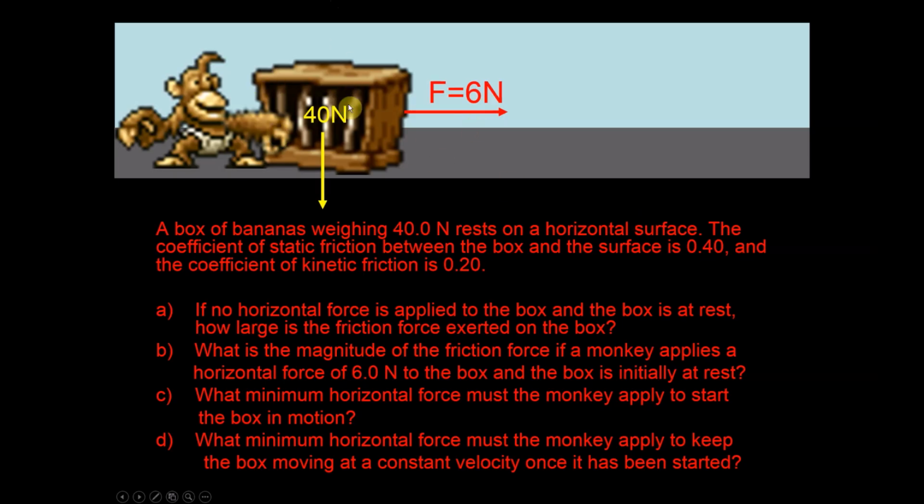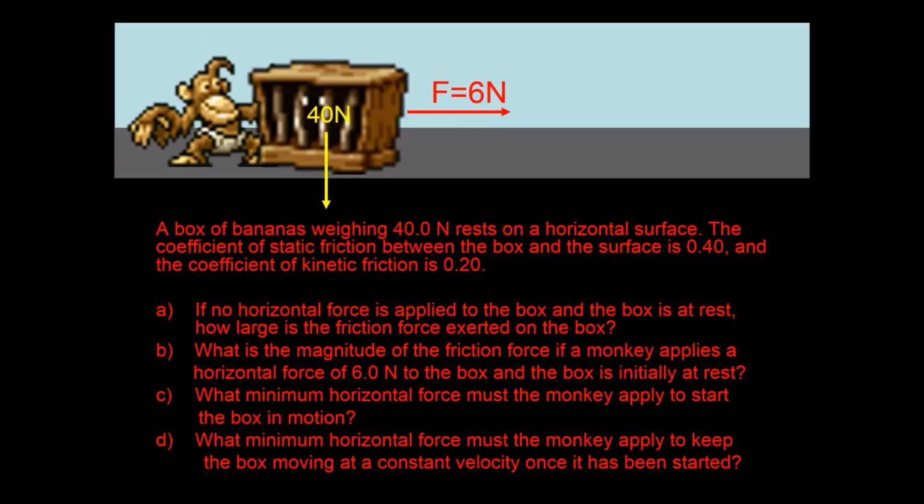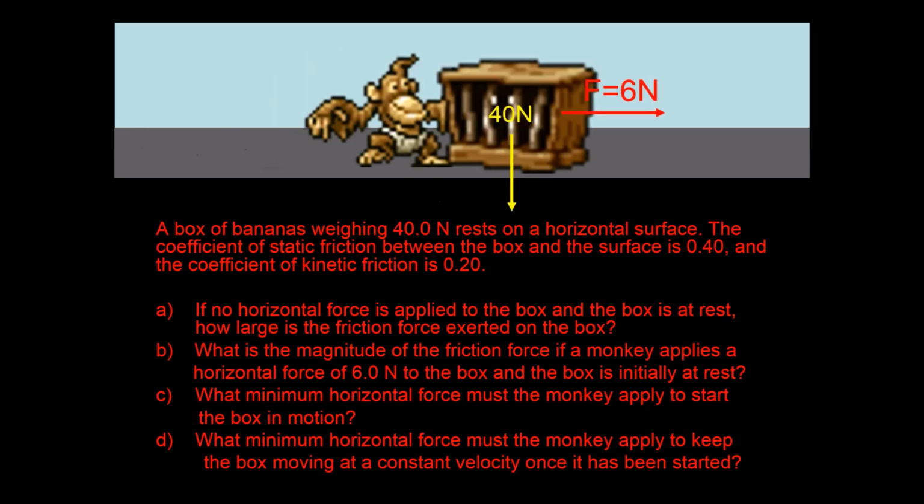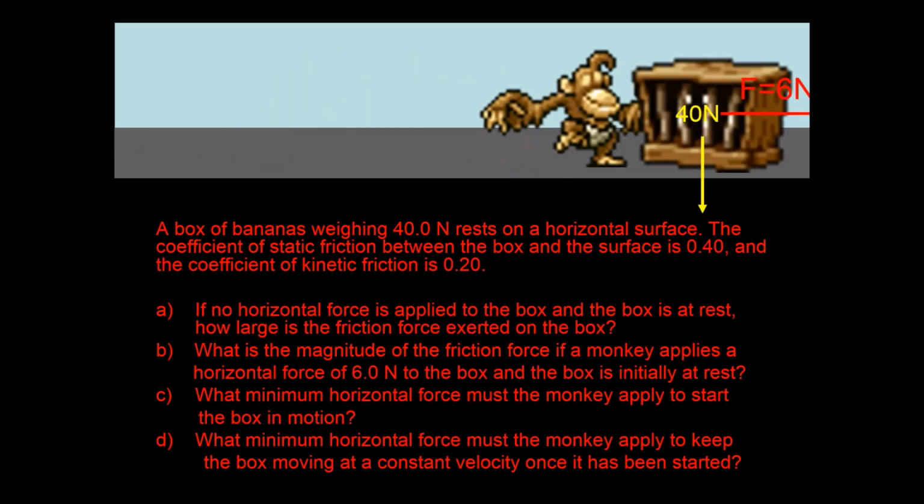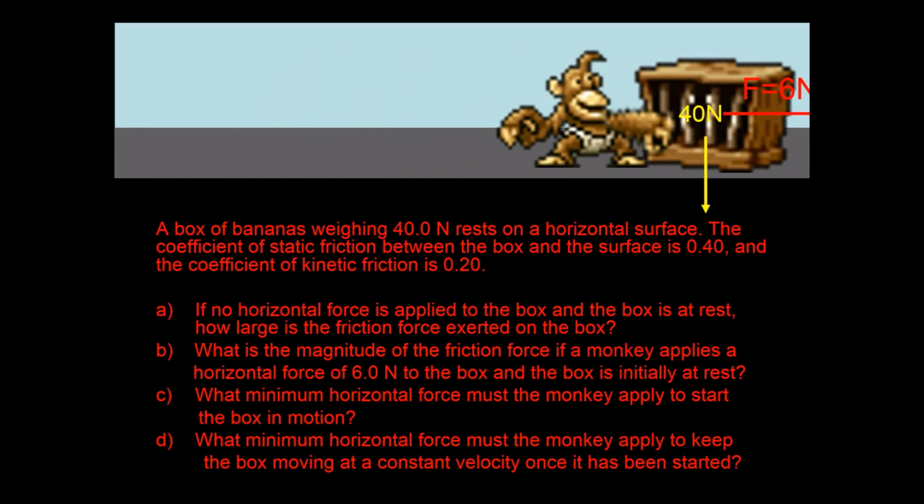You'll also have an N value opposite to the weight. So if this weighs 40 newtons, you know that your N is equal to mg, which is equal to 40 newtons. And of course, the monkey will push and push and push on this box until eventually he exceeds the force of static friction and his box will move.